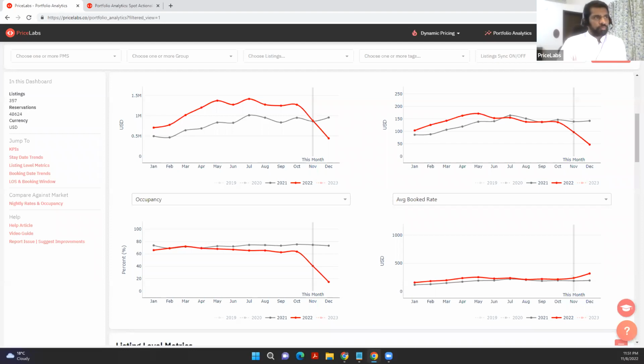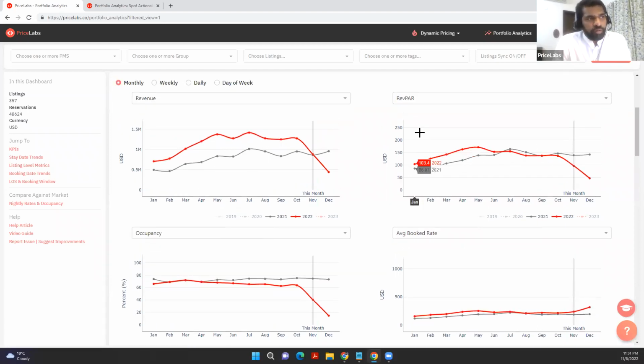Yeah, thank you. RevPAR is a phenomenal metric, especially if you have multiple rooms or multiple properties, so that you can understand your revenue per available room or property. For example, as a property manager or an owner with 10 properties, last year maybe you only had large properties, so your RevPAR was probably very high.